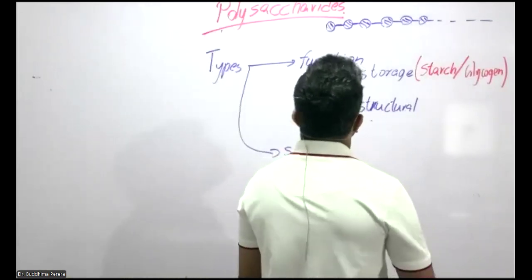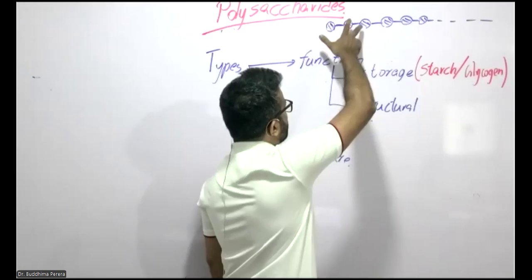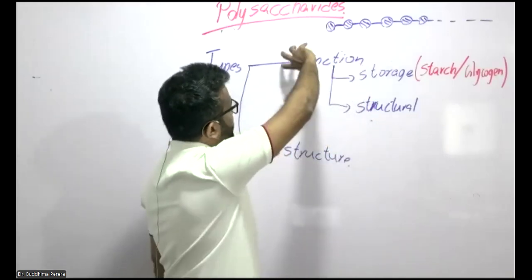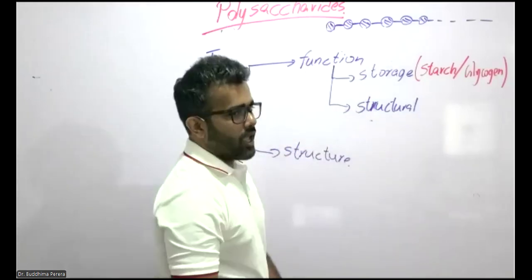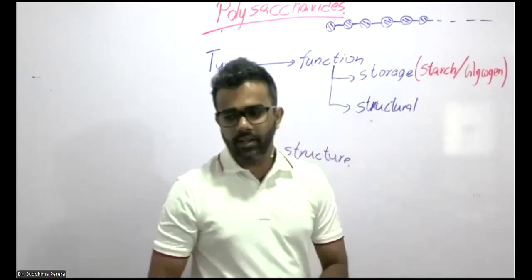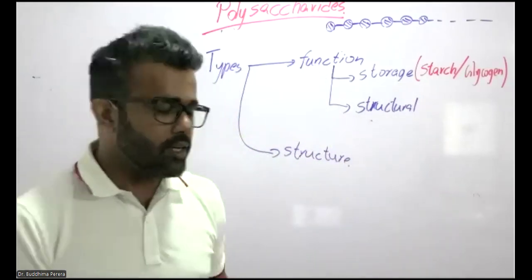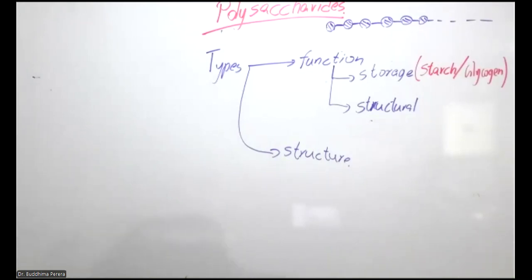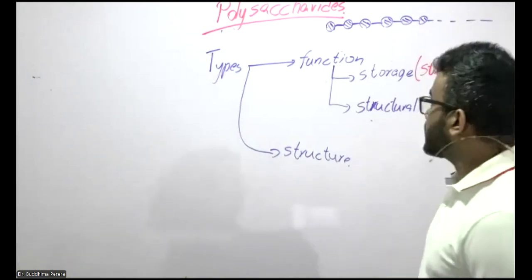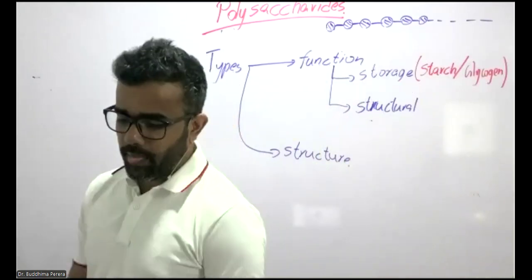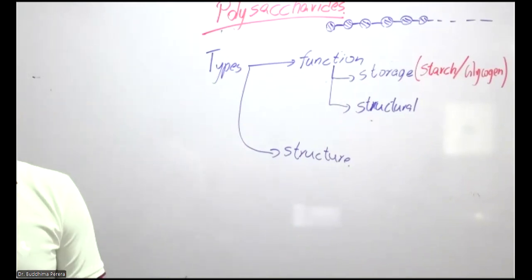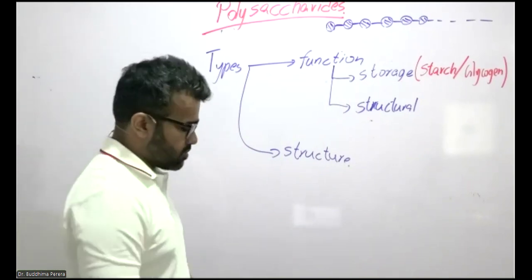Okay. So we can categorize polysaccharides according to function as storage polysaccharides and structural polysaccharides. Storage polysaccharides: starch and glycogen. What are structural polysaccharides?